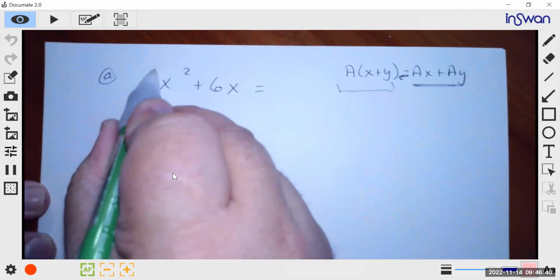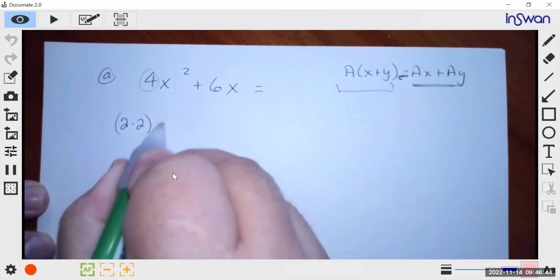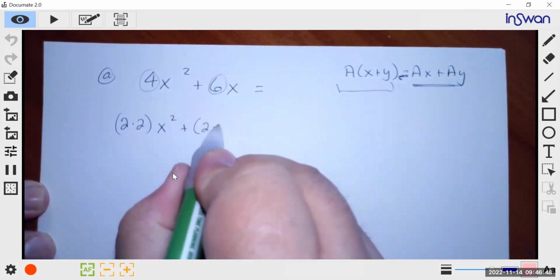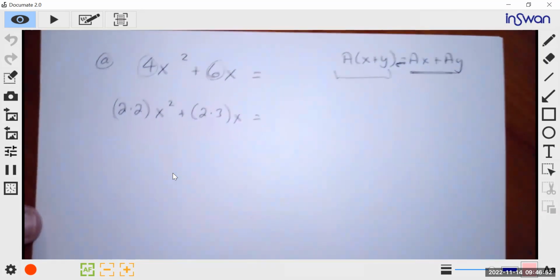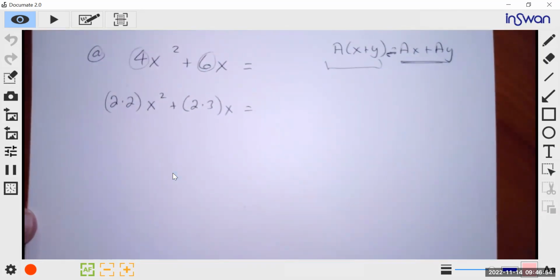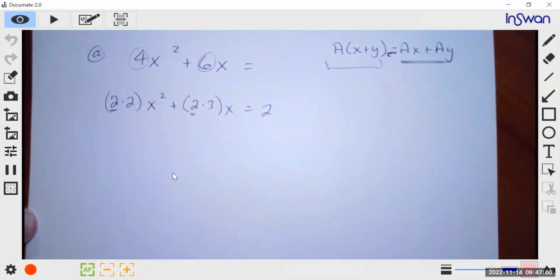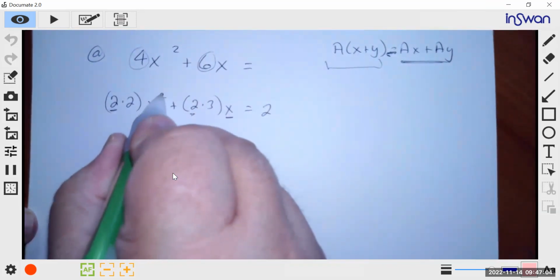So what we could do is 4 is made up of 2 times 2. 6 is made up of 2 times 3. So what do they have in common? They both have 1, 2. And what else do they have in common? They have 1x. This one is x squared, so it's x times x.